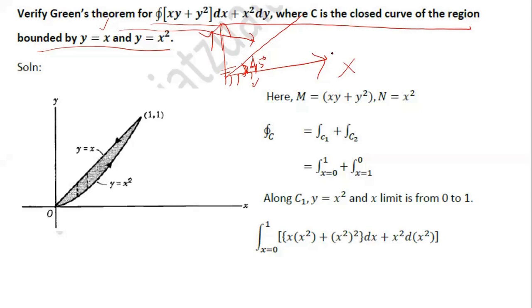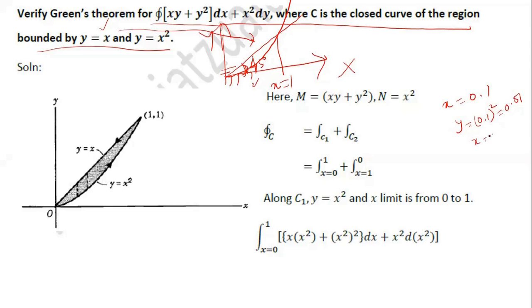Then your y equal to x squared. If you draw the y equal to x squared curve, it will go like this. How does it go like this? Below x equal to 1, let's say this is x equal to 1, for example, if x value is 0.1, what will be your y value? y value will be 0.1 squared, which is 0.01.